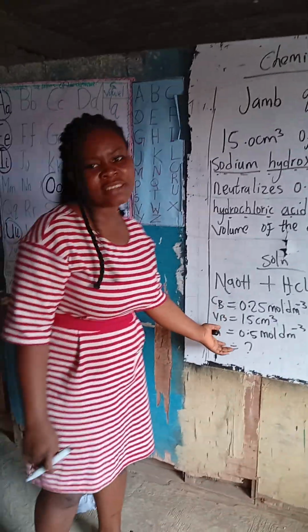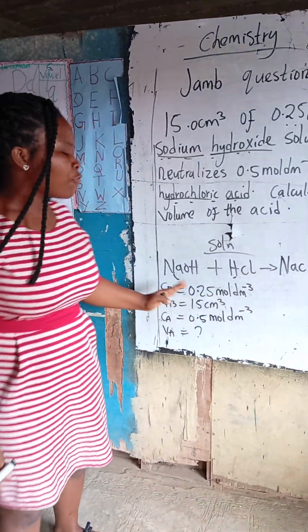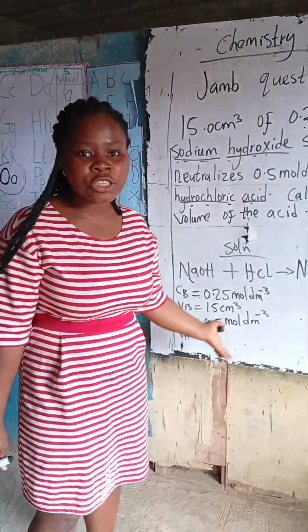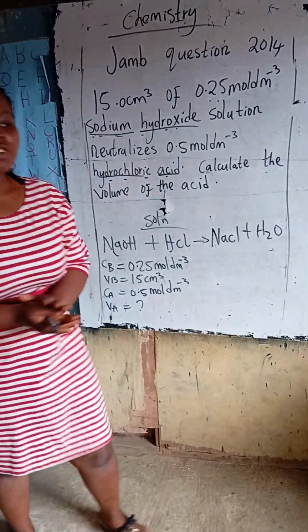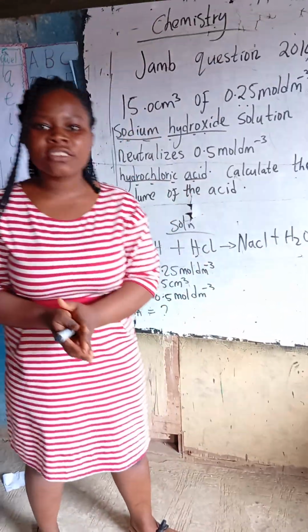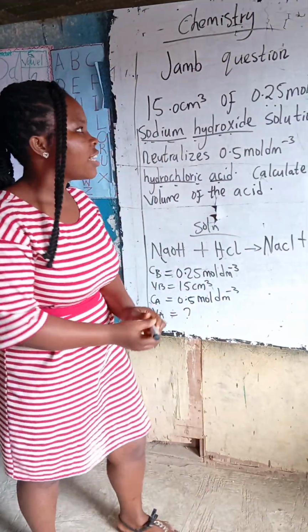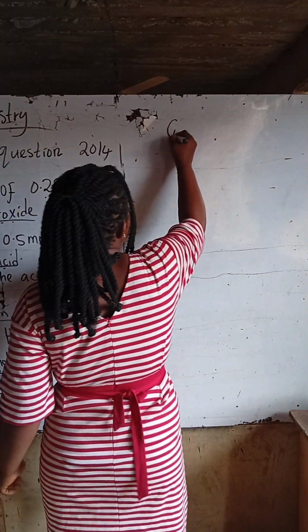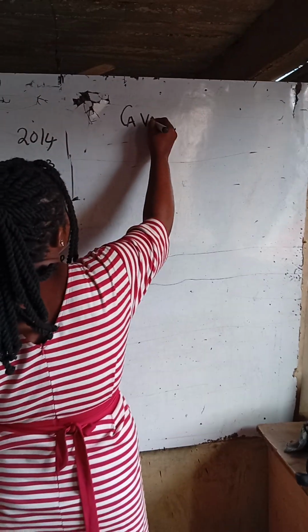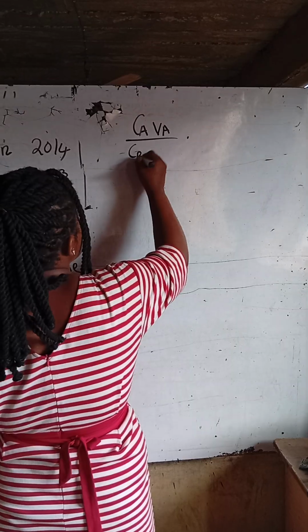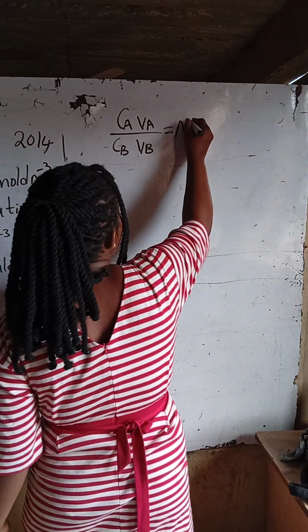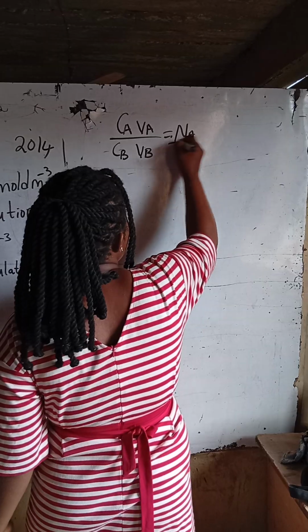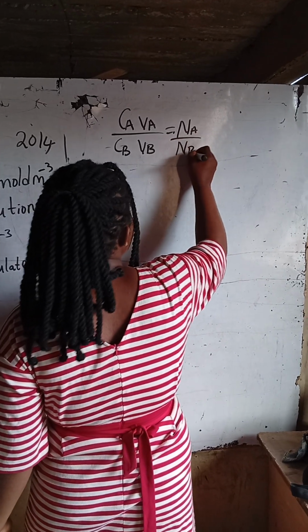Now, from the parameters given, you can see that the formula we are going to use to tackle this question is the titration formula, or we can also call it the neutralization reaction formula, which says that the concentration of the acid times the volume of the acid over concentration of the base times the volume of the base is equal to the number of moles of the acid over number of moles of base.